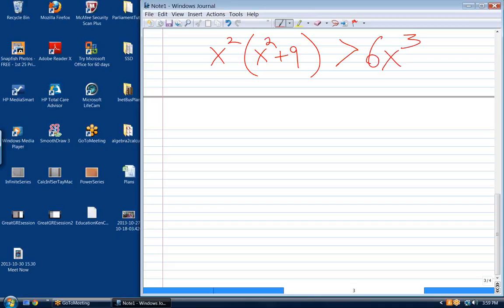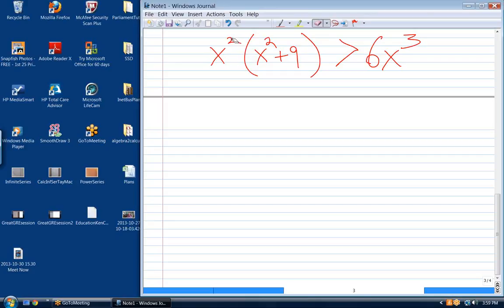Now, let's notice something right off the get-go. We cannot divide both sides by x squared. Or can we? You could try. Here's why I said that.